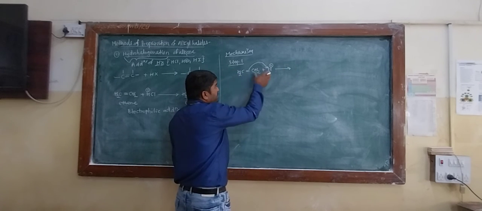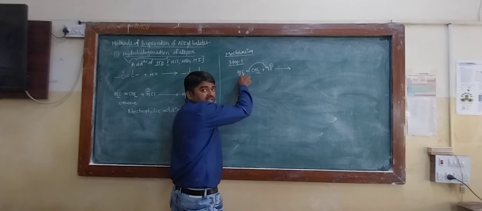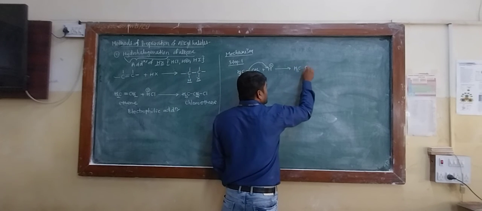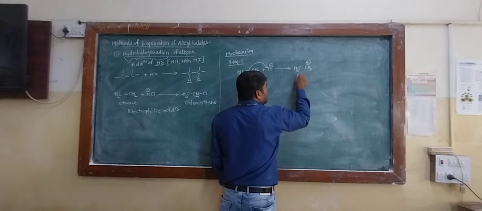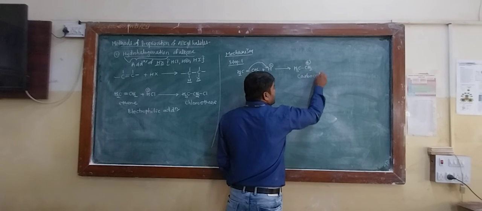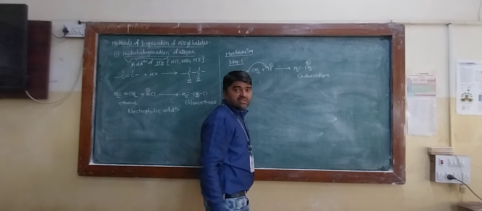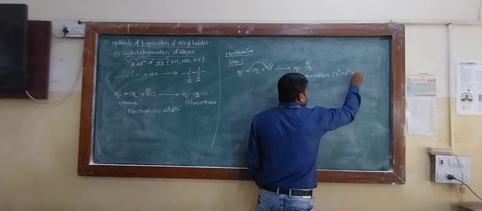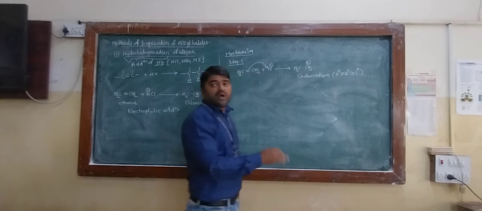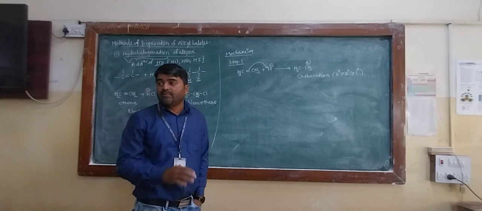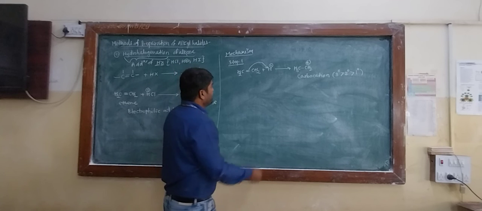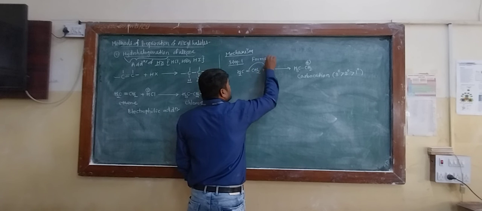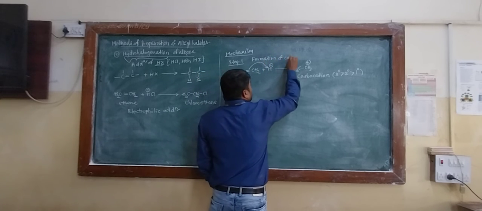So which species will you get? CH3CH2+. It is the reaction intermediate which is called a carbocation. And you know the stability order of carbocation intermediates: tertiary is more stable than secondary, than primary carbocation. The stability of carbocation is explained on the basis of the inductive effect or the hyperconjugation effect. So the first step is formation of carbocation.